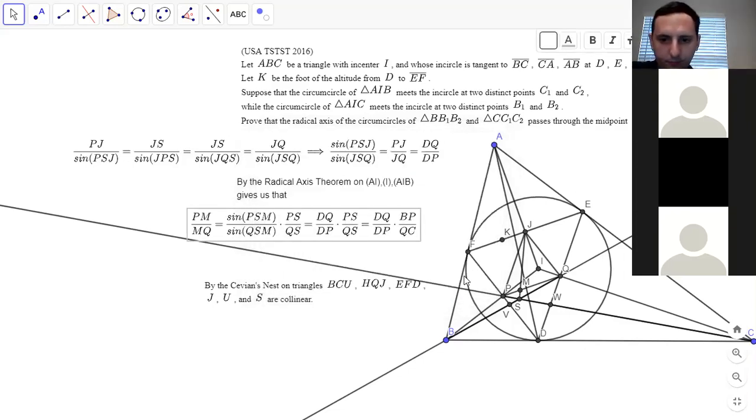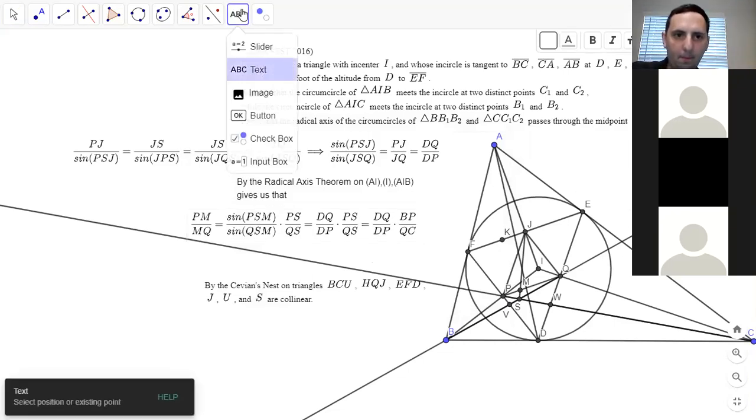So BP over DP, triangle BPD is similar to DKE.